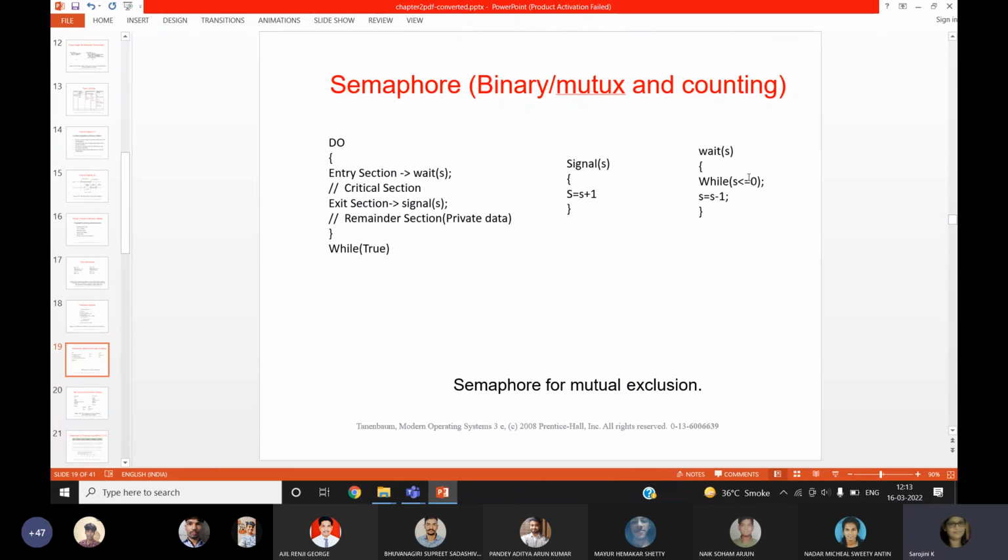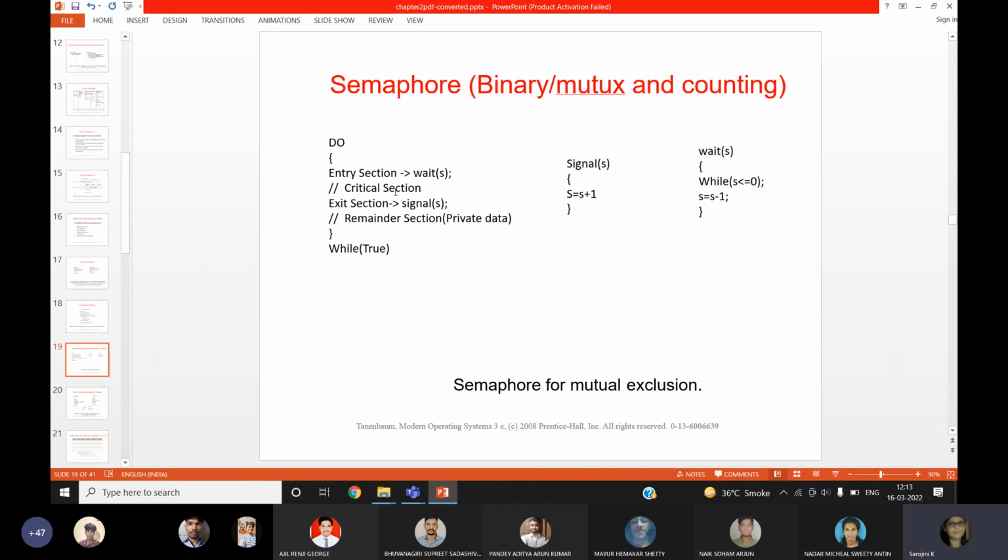Assume S value is 10. So 10 less than or equal to 0, no, the condition is false. So it will come inside. S equal to S minus 1. Now S value equals 9, 10 minus 1, which is nothing but 9. Remember, currently S value is 9. Critical section. That means the person is inside the shop currently. He entered inside the shop.